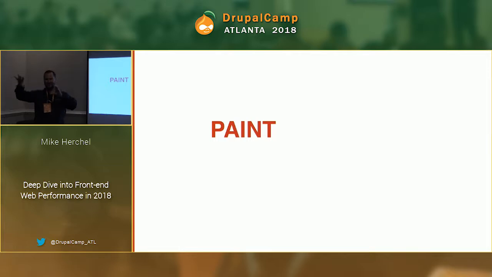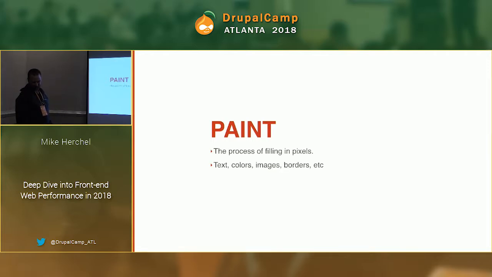So it lays everything out. Your browser will lay everything out up there, but now it needs to actually write it on. It needs to do what's called painting, and that's basically the process of filling in pixels right here. So we're talking about text, colors, images, borders.